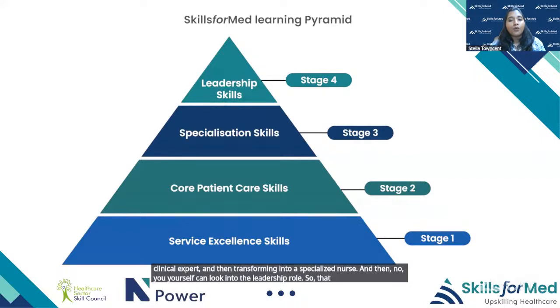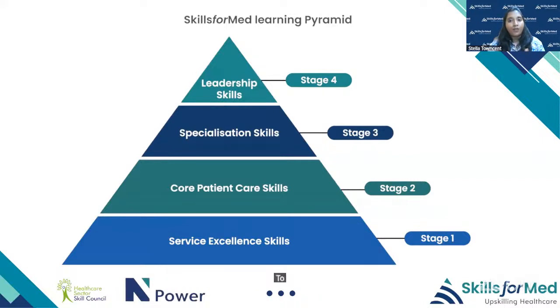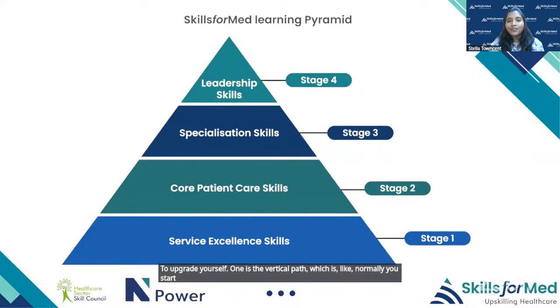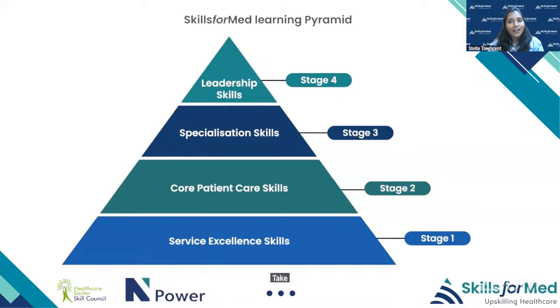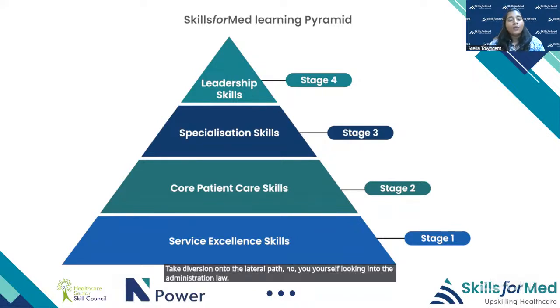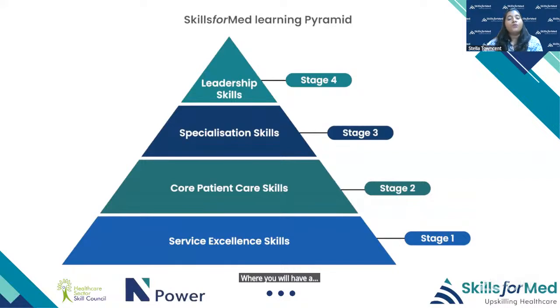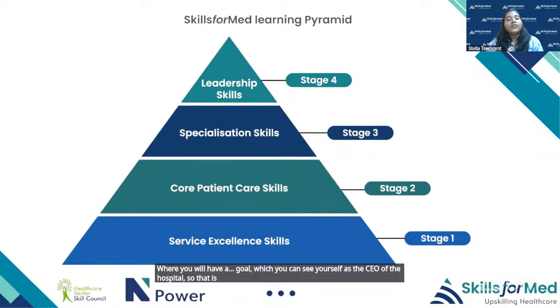You have two paths to upgrade yourself. One is the vertical path: you start a career as a staff nurse, then senior staff nurse, nurse in charge, supervisor, ANS, DNS, and the CNO. Or else you can take a diversion onto the lateral path, looking into an administration role, where you can see yourself as the CEO of the hospital. That is stage 4. So this is all about the 4 stages on which Skills for Med's learning pyramid works.